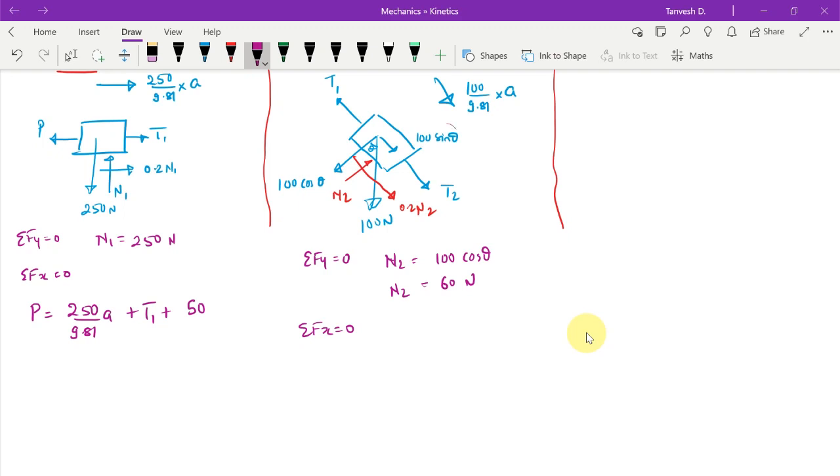We forgot the horizontal component of the weight. So 1, 2, 3 and 4, there are 4 forces acting in one direction against T1. So T1 is equal to 100 sin theta plus 0.2 into 60 plus T2 plus 100 by 9.81 into A.